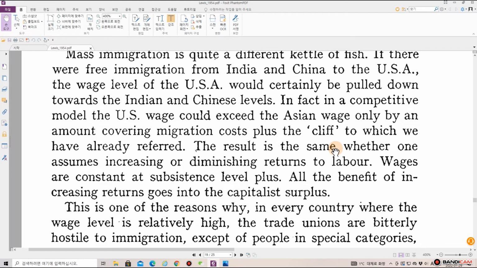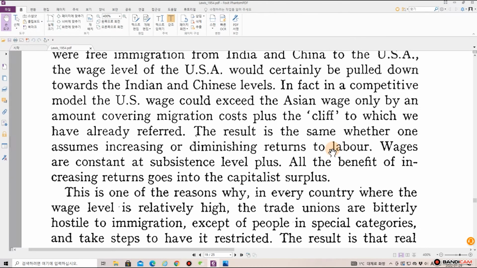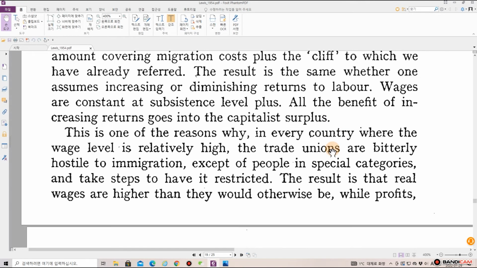The result is the same whether one assumes increasing or diminishing returns to labor. Wages are constant at subsistence level plus. All the benefit of increasing returns goes into the capitalist surplus.